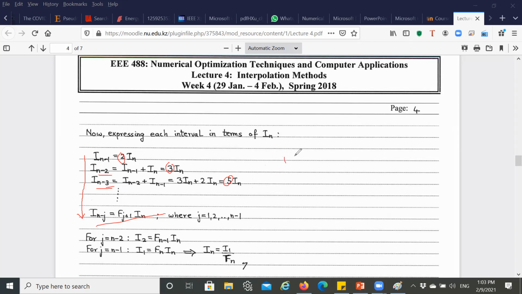Let's check. 1, 1, 2, 3, 5. Am I right? F of j, Fibonacci of 3 plus 1, 4. 0, 1, 2, 3, 4. Yes. So F of 4 is equal to 5. Harasha?